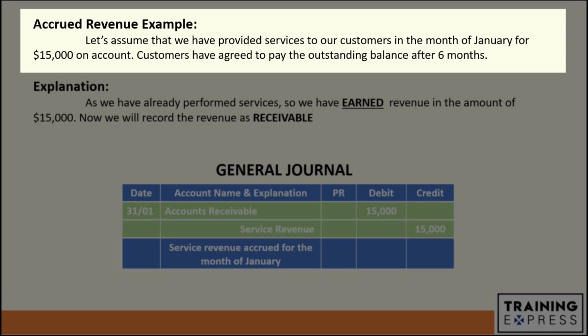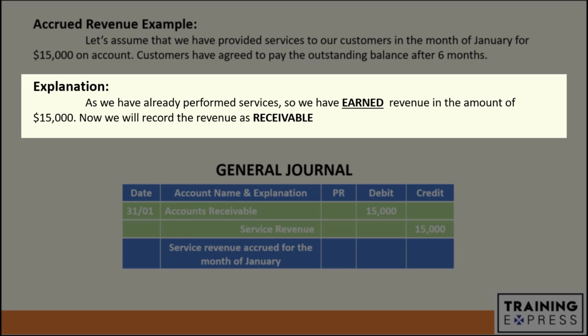Let's look at another example of accrued revenue. Let's assume that we have provided services to our customers in the month of January for $15,000 on account. Customers have agreed to pay the outstanding balance after 6 months. Explanation: as we have already performed the services, we have earned revenue in the amount of $15,000.